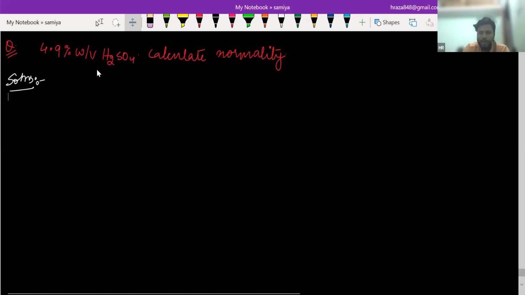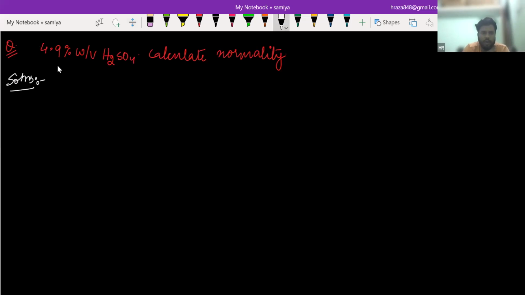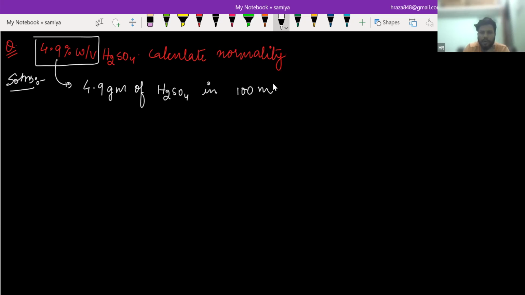Okay, just see, 4.9% weight by volume H2SO4. What does this mean? This is very important to note: it means 4.9 gram of solute, that is H2SO4, in 100 ml solution. Also, it is asked to calculate normality, which has a formula: number of gram equivalent upon volume of solution in liter.